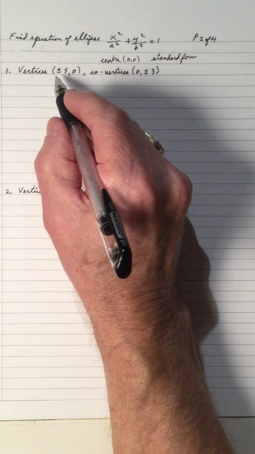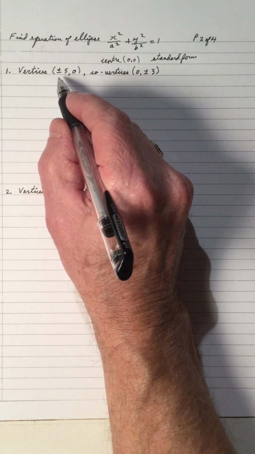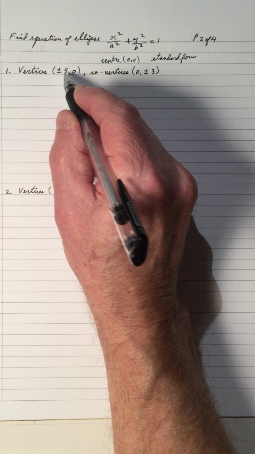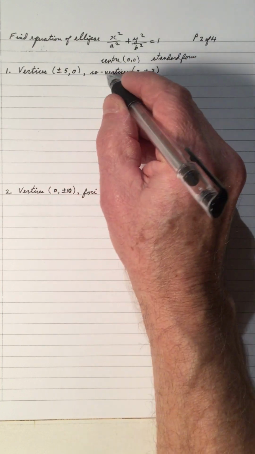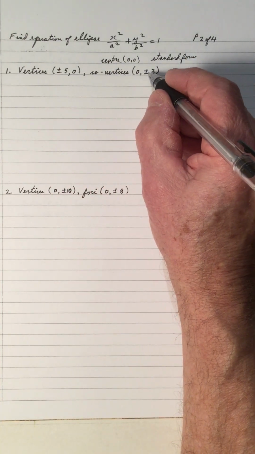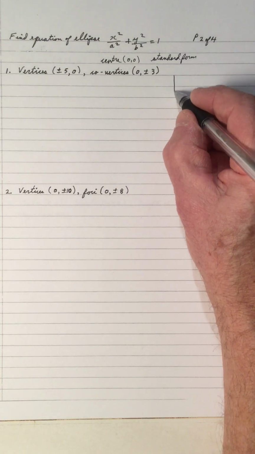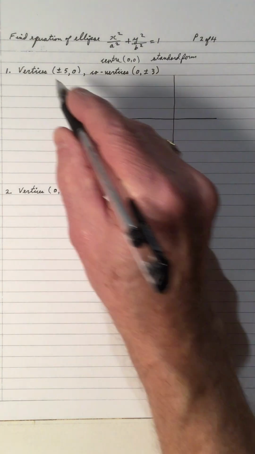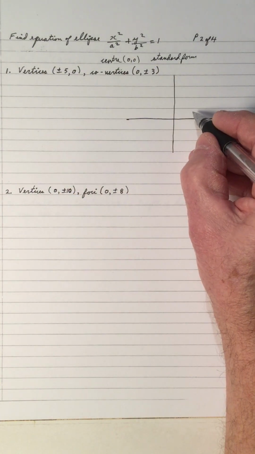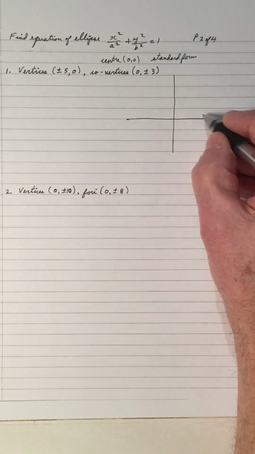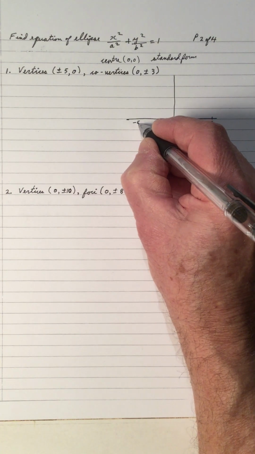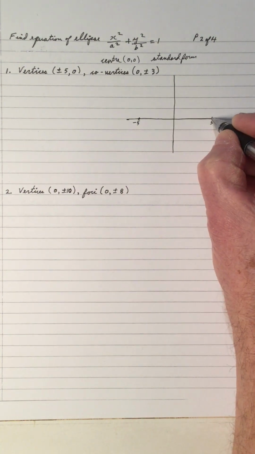Number 1: the vertices are plus or minus 5, comma 0, and the co-vertices are 0, plus or minus 3. So if we draw a grid, the vertices are at negative 5, 0 and 5, 0.